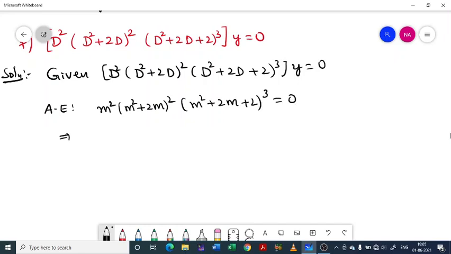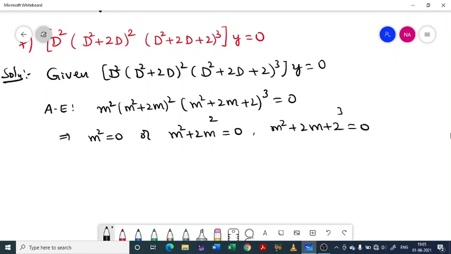So that implies m square will be 0, or m square plus 2m will be 0 of multiplicity 2, keep that in mind, or m square plus 2m plus 2 equal to 0 of multiplicity 3. So m equal to 0, 0, no problem with this.